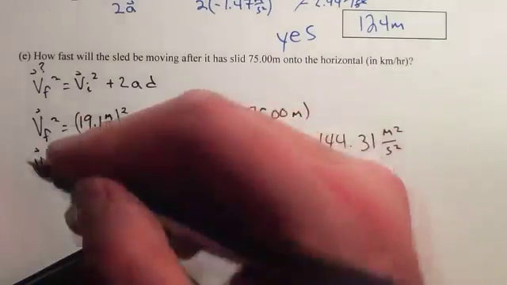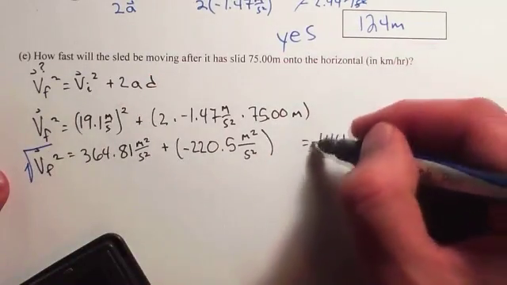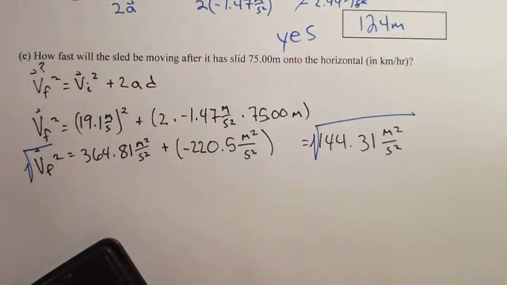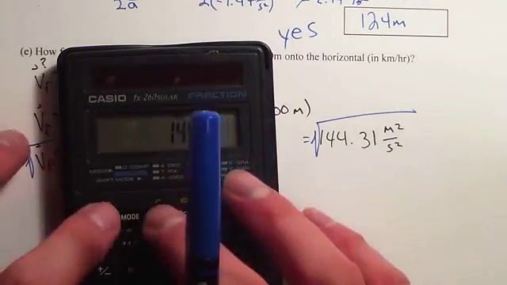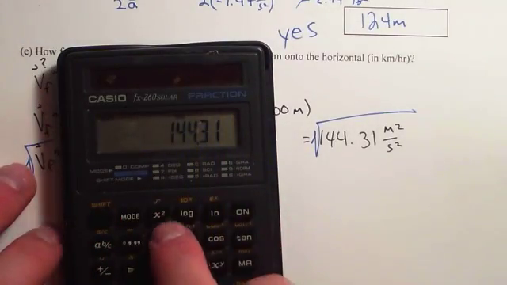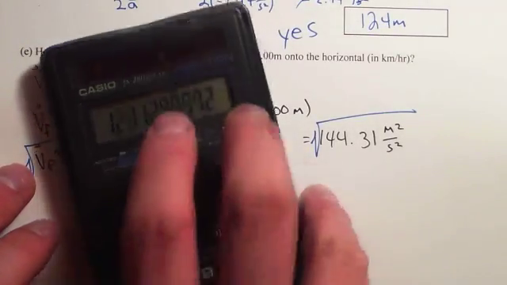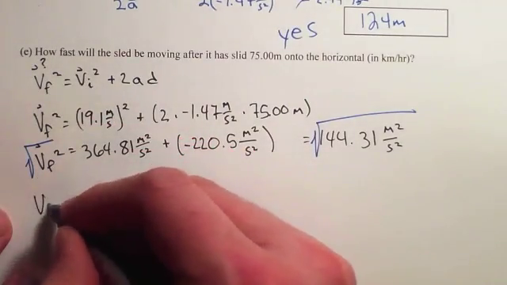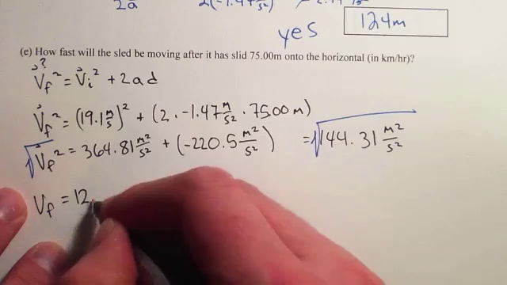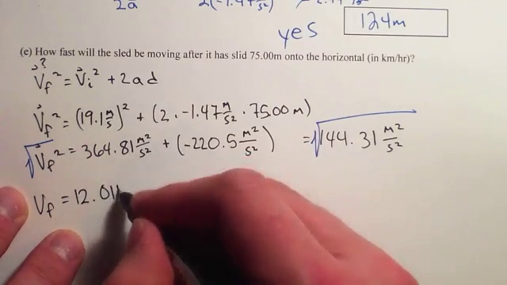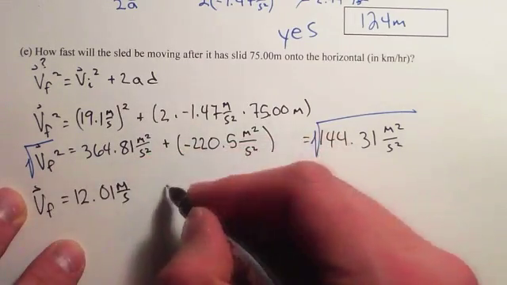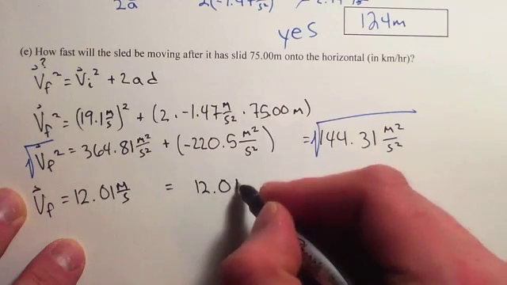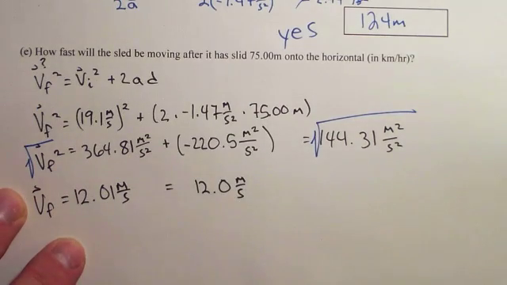So again, I take the root of both sides. I get 12.01. So the final velocity is equal to 12.01 meters per second, or 12.0 meters per second.